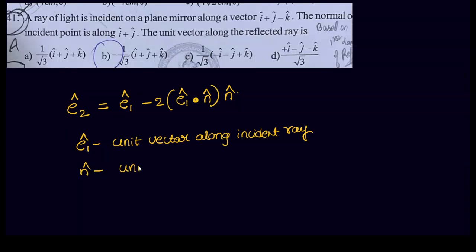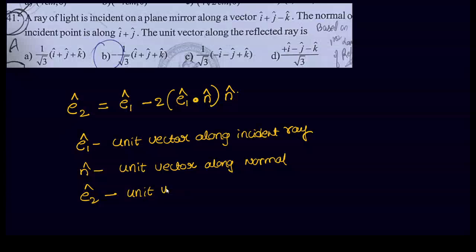This is the relation between the incident ray, reflected ray, and the normal, where E1 cap is the unit vector along the incident ray, n cap is the unit vector along the normal, and E2 is the unit vector along the reflected ray.